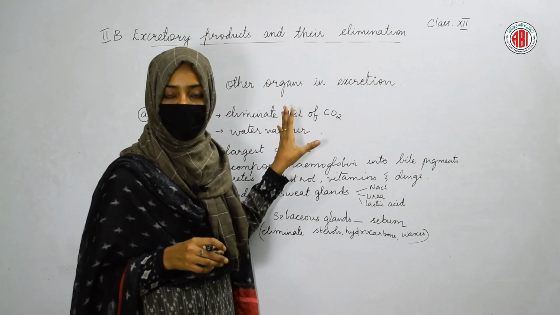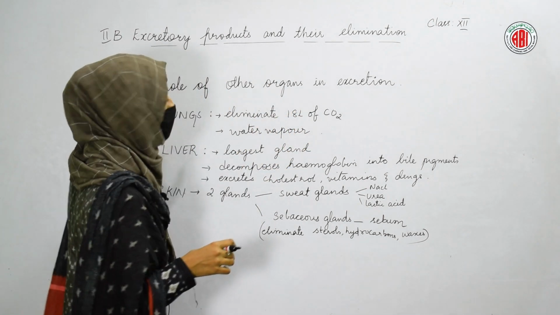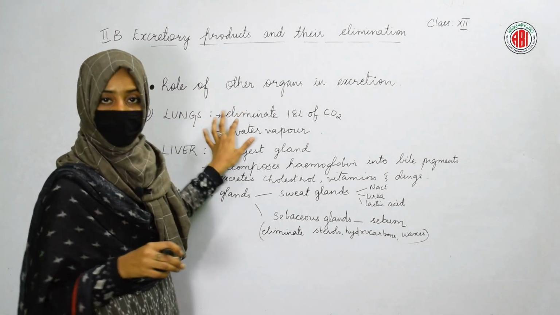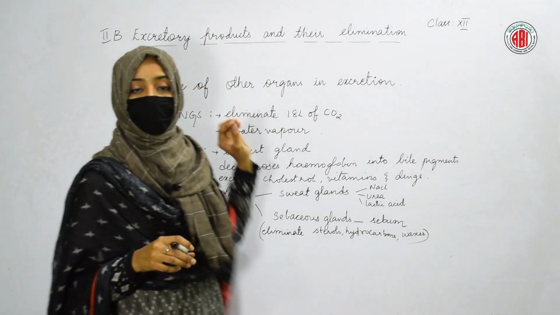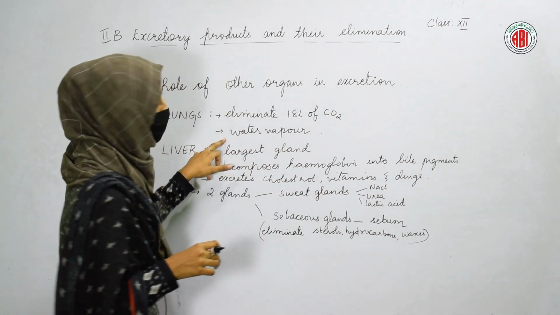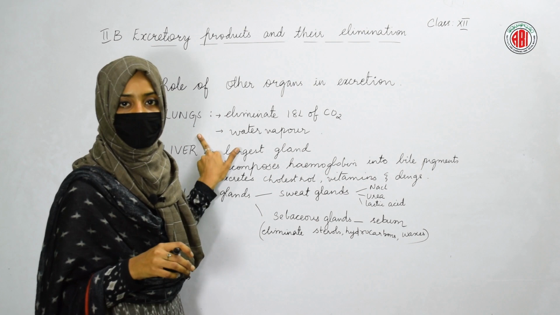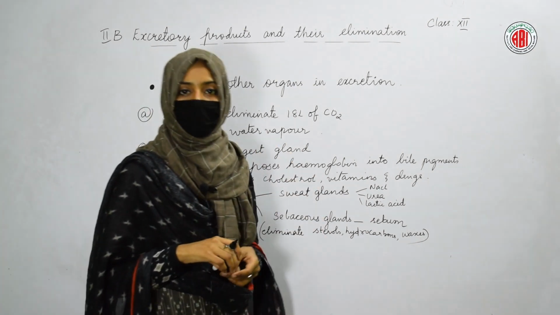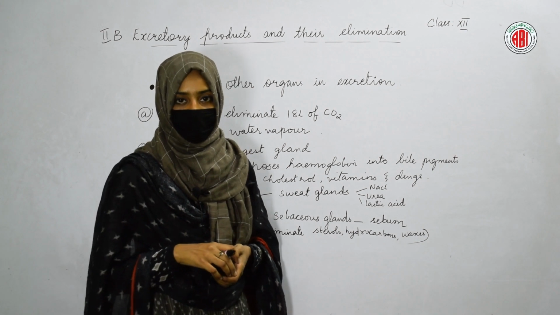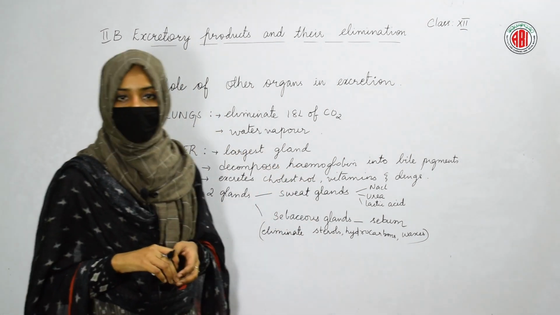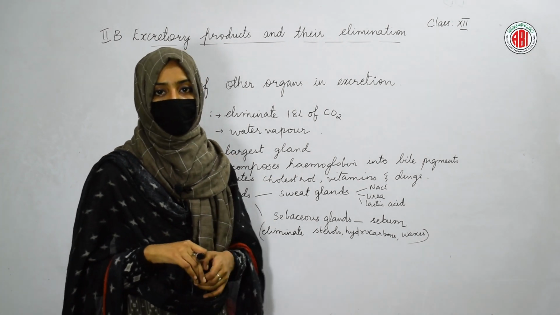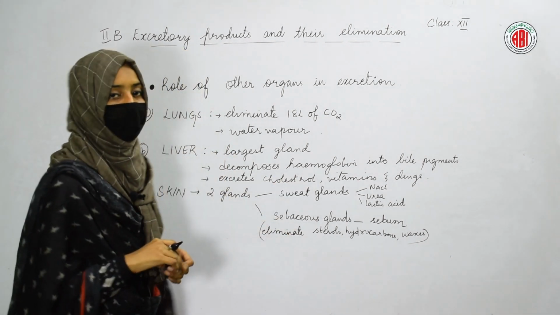So in the elimination of carbon dioxide, lungs act as an accessory excretory organ. Not only carbon dioxide, but water can also be removed from our body in the form of water vapor with the help of our lungs. This water vapor can be eliminated in large quantity, especially in dry climates. This is how carbon dioxide and some amount of water can be removed from our body with the help of our lungs.